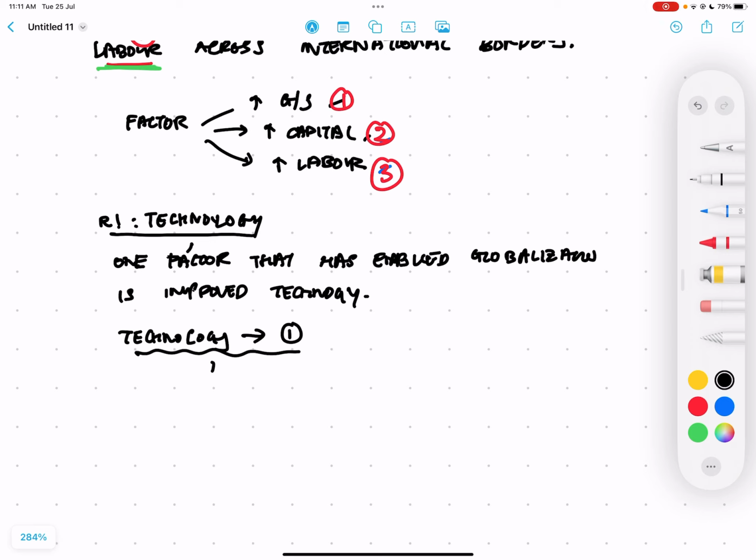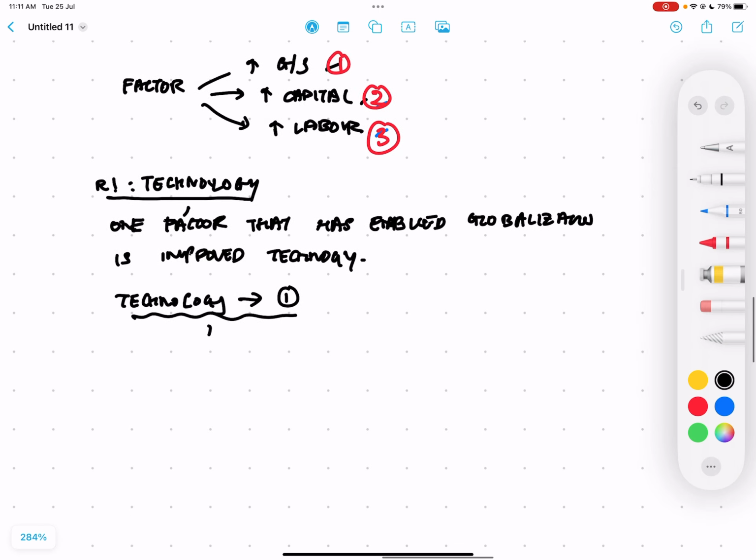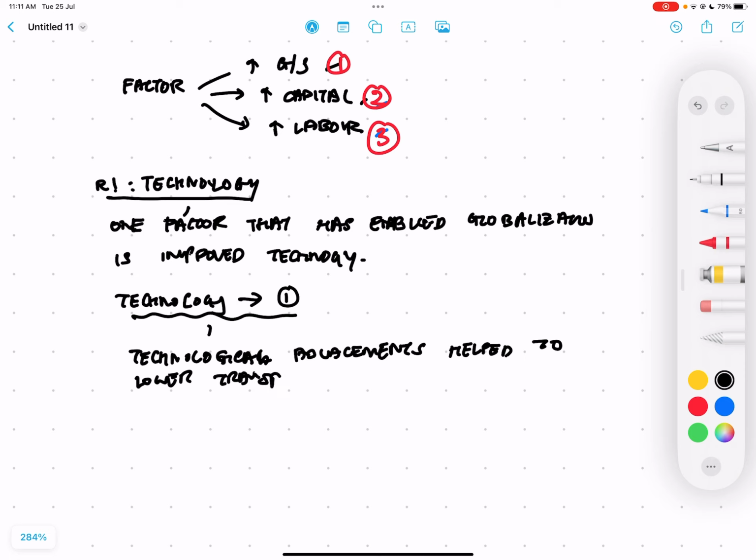That's why you enable trade. So first, technological advancements helped to lower transport costs significantly.